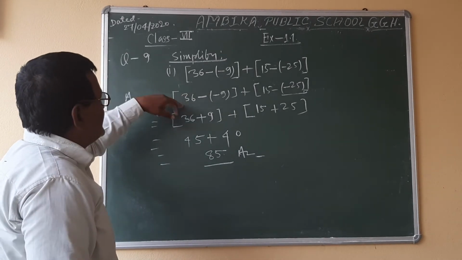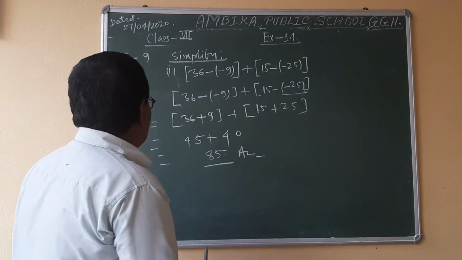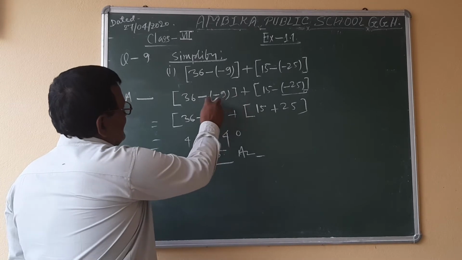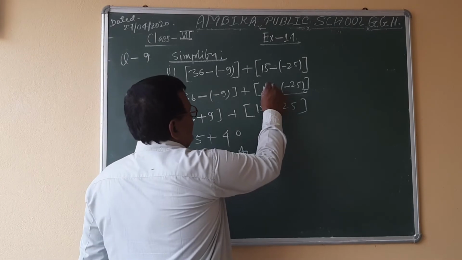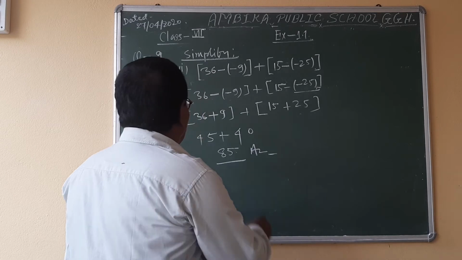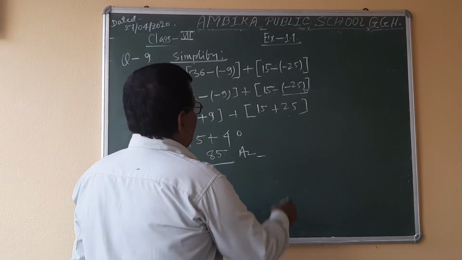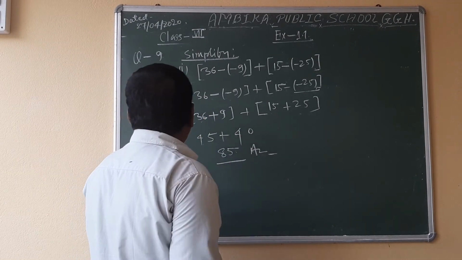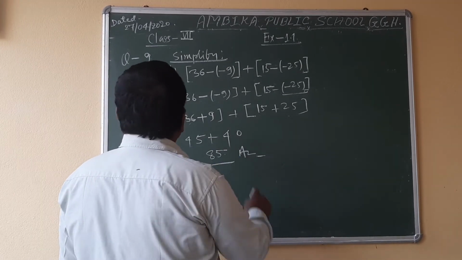We write 36 minus 9 plus 15 minus 25. Minus into minus is equal to plus 9, and here also minus into minus 25 is plus 25. So adding 36 and 9 we get 45, and adding 15 to 25 we get 40. So the required number is equal to 85.